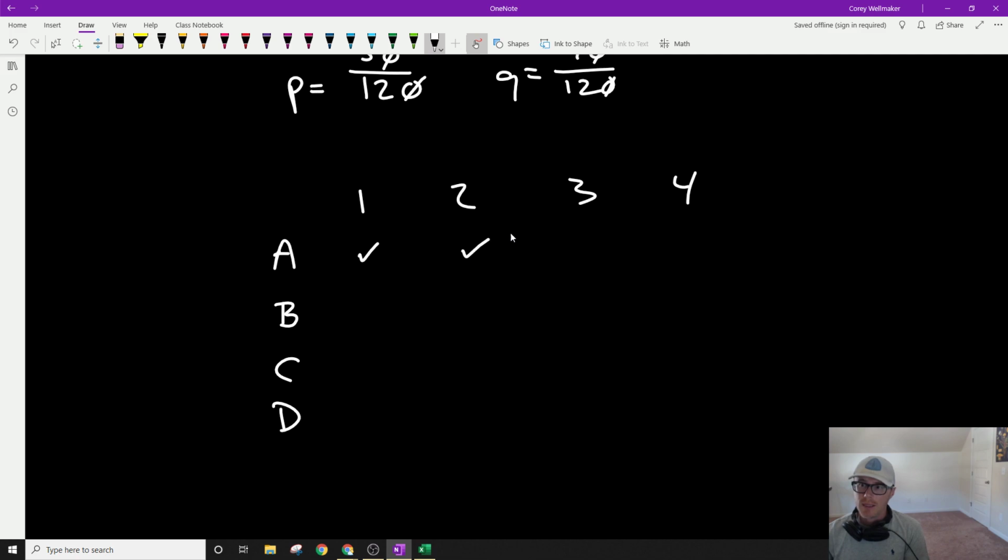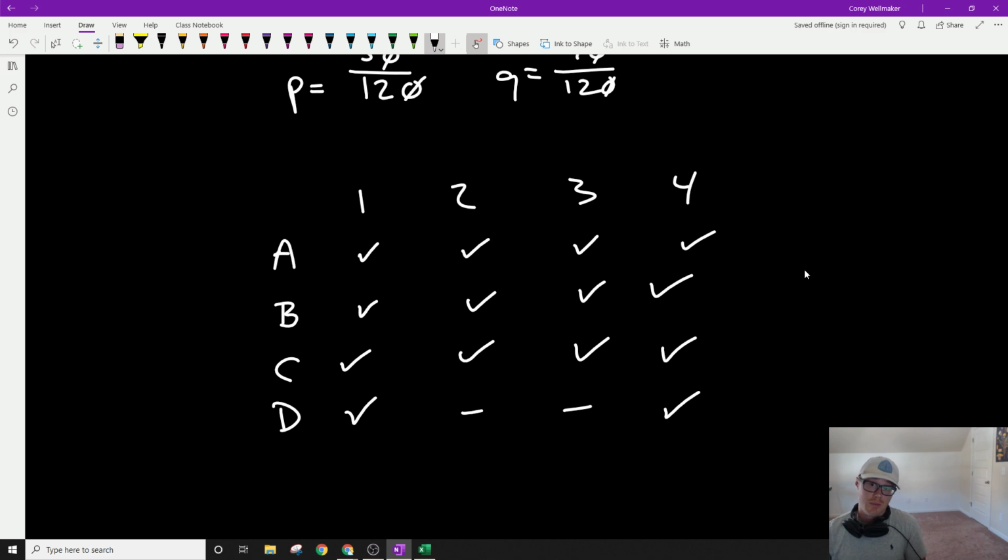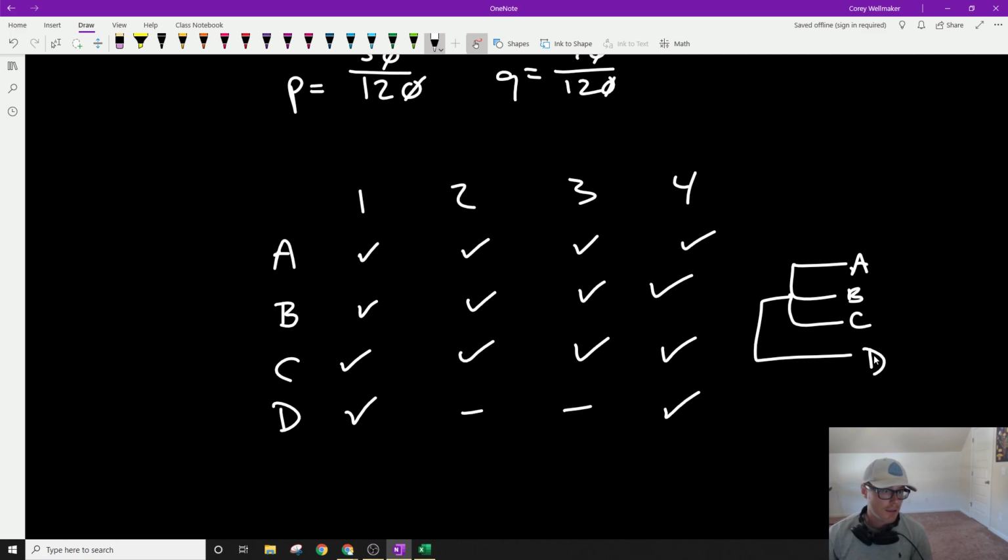A, B, and C all have traits 1, 2, 3, and then D has trait 1, but not 2, not 3, but it has 4. Based off this information, the only thing I can really say is maybe something like this: A, B, and C go right here, and then D goes right here.